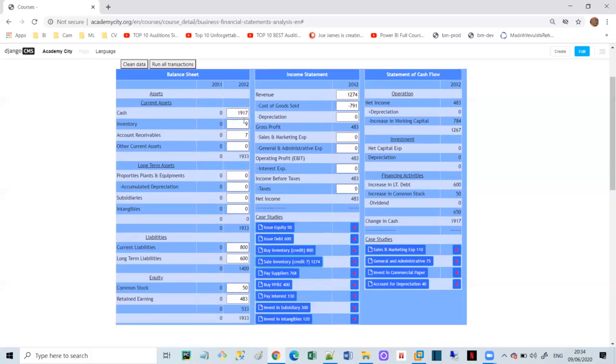It was 800 before, it's only 9 now. On the other hand, if I look at the right side on the income statements, I get two numbers. One is 1274, it's exactly the number I have written right here, which means I sold to customers inventory that cost me 791, and I sold it to them for 1274.